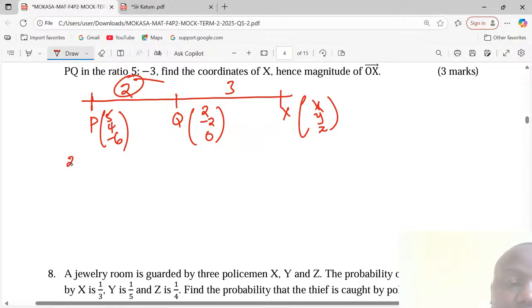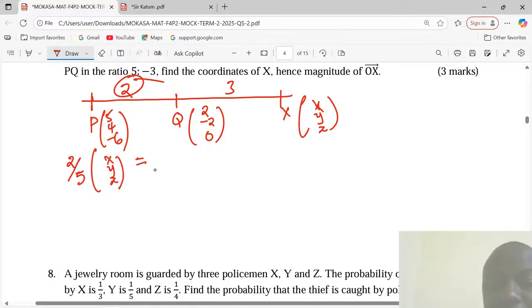Then now we can apply the ratio theorem by saying, when we take the ratio 2 out of the total proportions 5 and we multiply by X, Y, Z, then we add 3 out of 5 multiplied by 5, 4, -6.